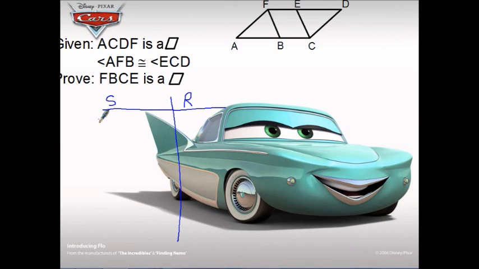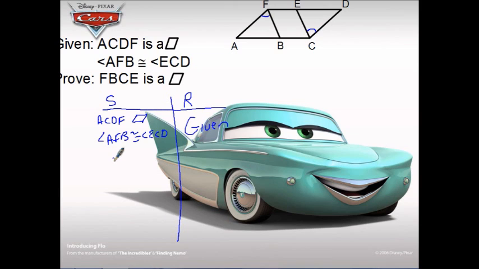Here we go. We know that ACDF is a parallelogram, and angle AFB is congruent to angle ECD. Those are our givens. Mark that in. AFB is congruent to ECD.